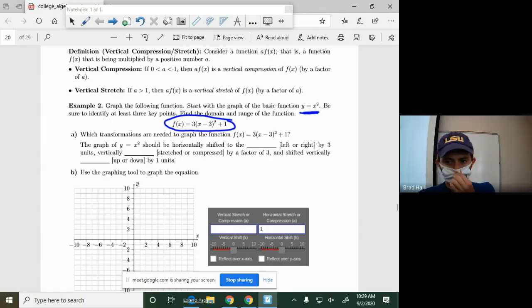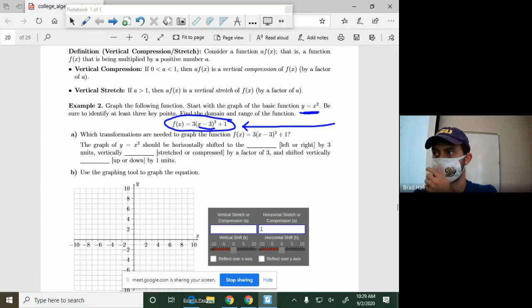So as we read on, it should be horizontally shifted to the left or right. When we look at this function, we need to look at which one of these numbers actually corresponds with left or right. And it seems to be, remember, left or right, it's the number right next to the x, or being added or subtracted directly to the x.